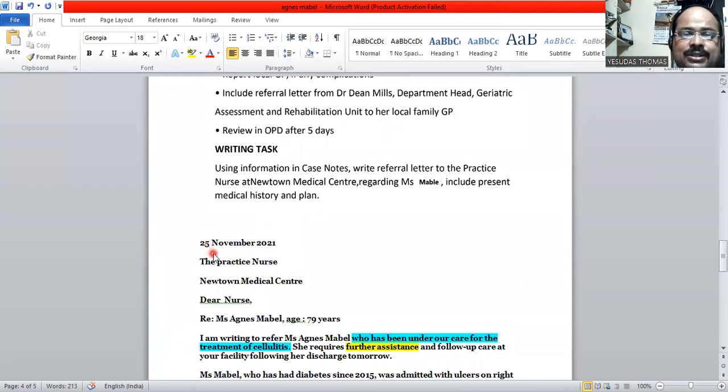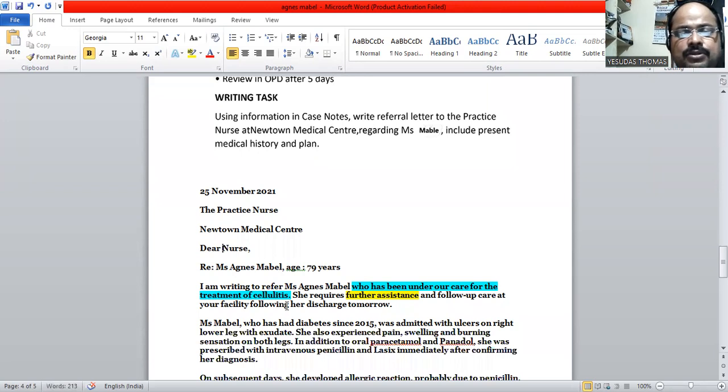Now today's date is 25 November 2021. The practice nurse, I need to make this capital. Newtown Medical Center. Dear nurse, Reference Miss Agnes Mabel, age 79 years. Writing to refer Miss Agnes Mabel, who has been under our care for the treatment of cellulitis.